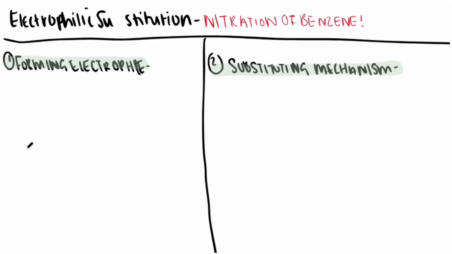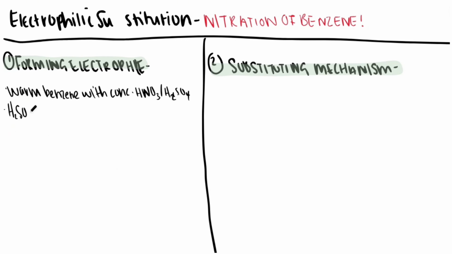Now I'm going to be going over the 2 main steps to the nitration of benzene, which is forming the electrophile and the substitution mechanism. We're going to warm the benzene with concentrated nitric acid and concentrated sulfuric acid, as we know. And like I said, our H2SO4 acts as a catalyst, and our NO2+ is our electrophile.